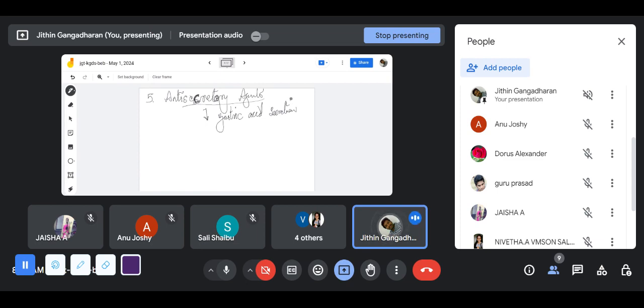Examples are H2 receptor antagonists, like Ranitidine, cimetidine, famotidine. But now Ranitidine and these things are banned in India. Then PPIs, proton pump inhibitors like omeprazole, pantoprazole, rabeprazole, all of which come under the proton pump inhibitors, which will decrease the secretion of hydrochloric acid.